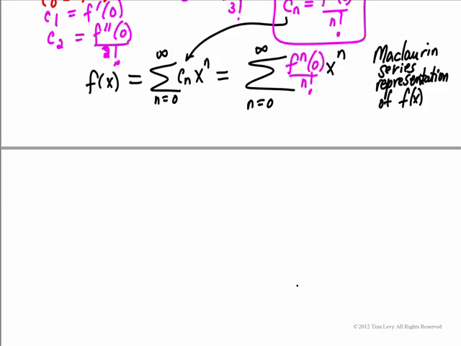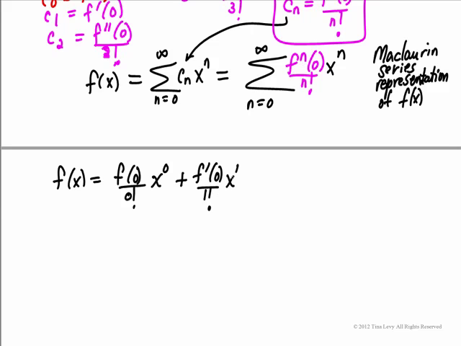We now can write the function f of x as, using this, the 0th derivative, which means it's the function f of 0 over 0 factorial x to the 0. Letting n be 1, it's the first derivative of 0 over 1 factorial x to the 1.